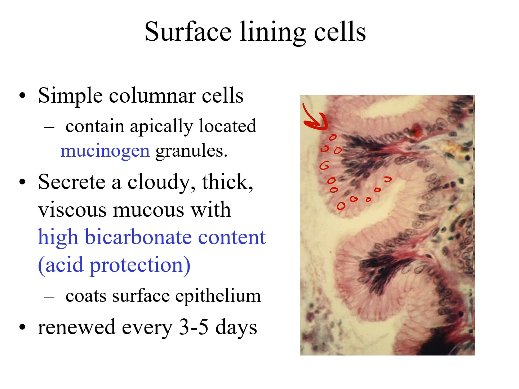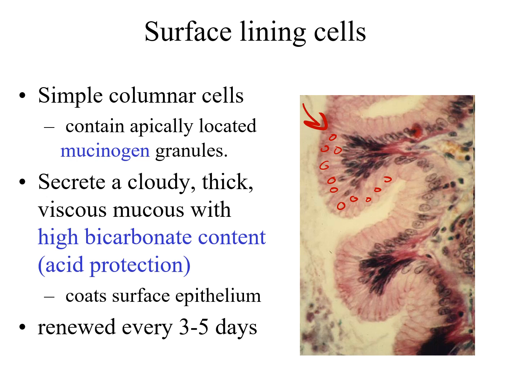Usually the secretion from these cells is a cloudy, thick, viscous mucus, and it has a high content of bicarbonate. This is very important because the bicarbonate protects against the acid, as inside the stomach there is production of hydrochloric acid, and this hydrochloric acid can burn the stomach.